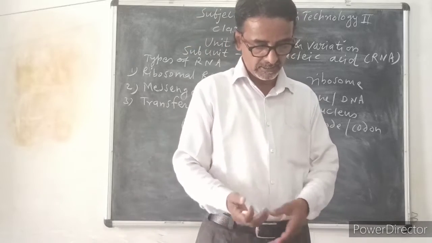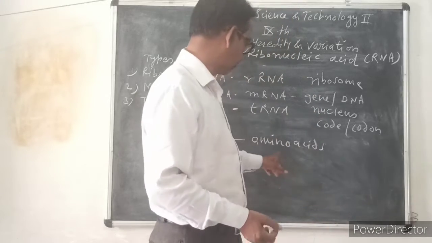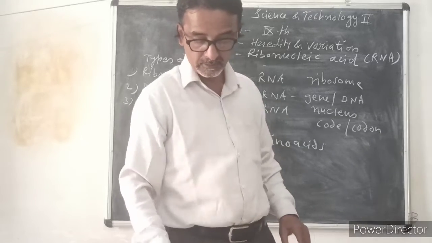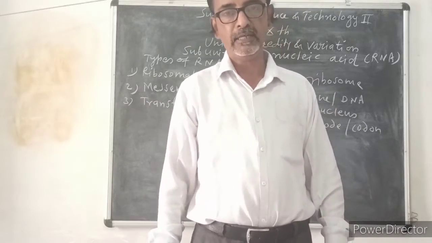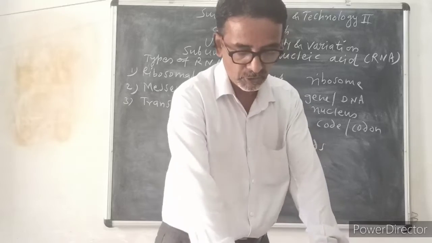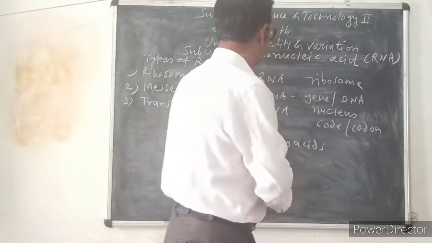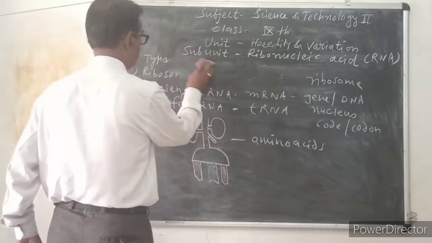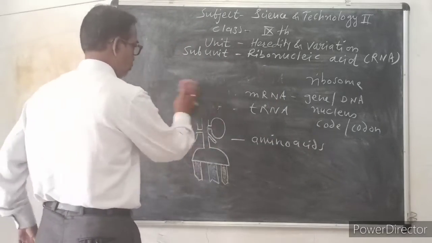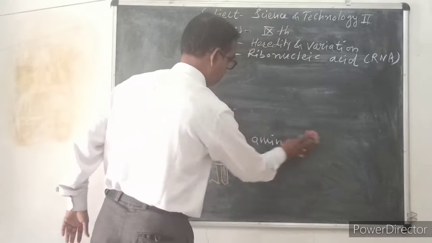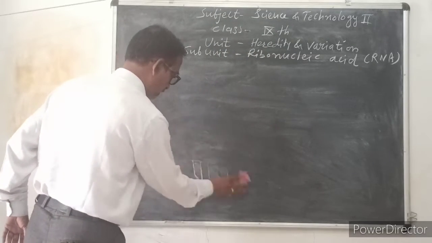So that is called transfer RNA. So these are three types of RNA and their functions. Now we shall see the next part of this topic, Mendel's principles of heredity.